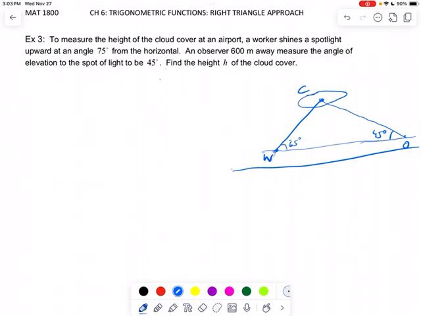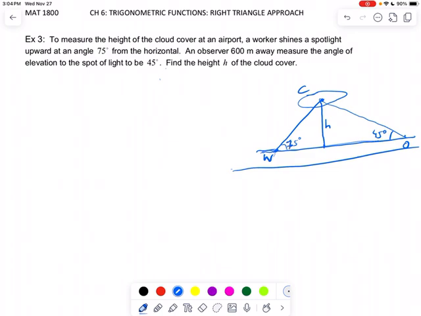So we have to find the height. So we need this height. Let's call it h. Then again you see, this was 75, right?